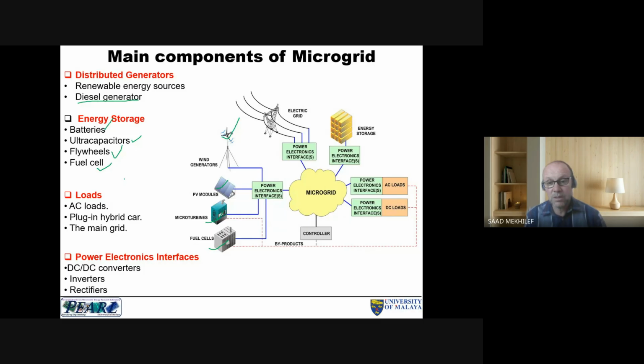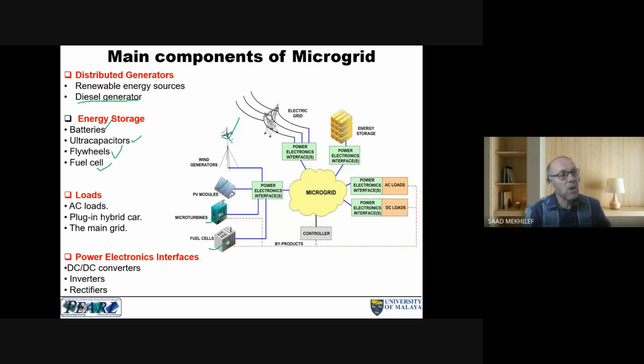I'm talking about large stations, not at home, with electrolyzers and storage. They also talk about pumped hydro, where when you have extra power, you pump the water back to the upper reservoir and use it later on. So these are some storage techniques.